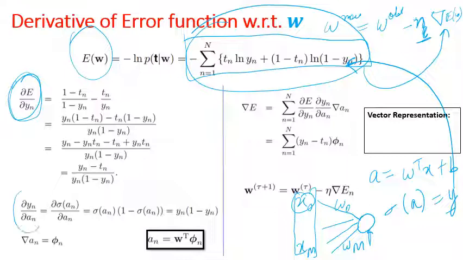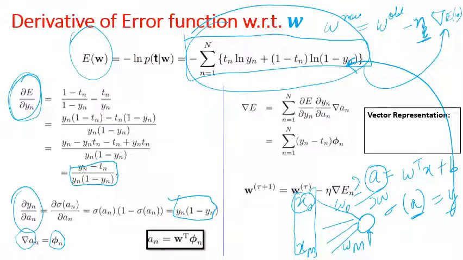Then you take a derivative of y with respect to a, and finally you take a derivative of a with respect to w. So there are three steps here. Once you take these derivatives, you get these values respectively. If you multiply all these three values, you get this quantity, which is nothing but the derivative of E with respect to your parameter w.